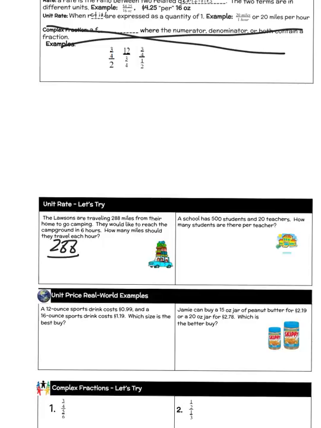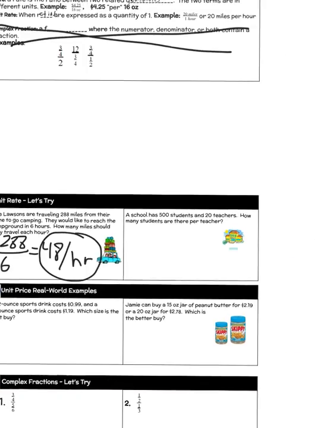So we'll divide the 288 miles by 6 hours. And let me type that in here. It'll be 288 divided by 6. They should travel 48 miles per hour. So that will be our answer for that one.